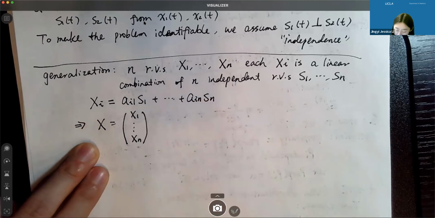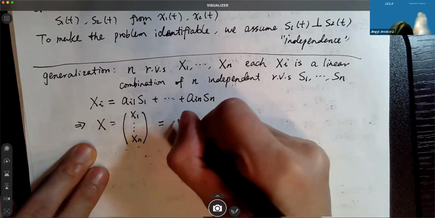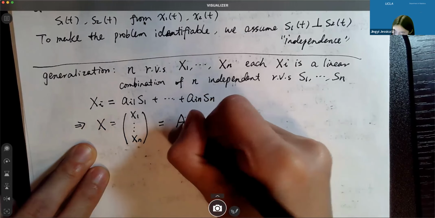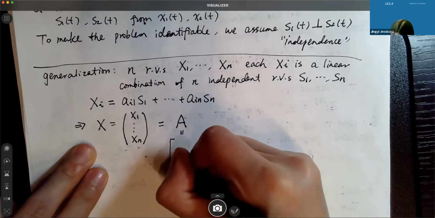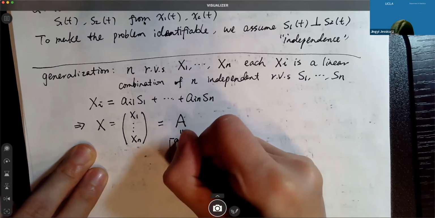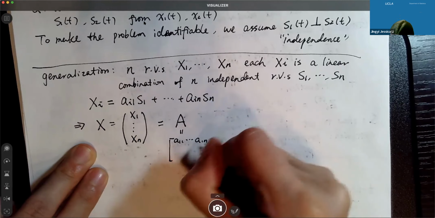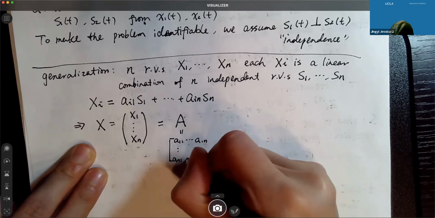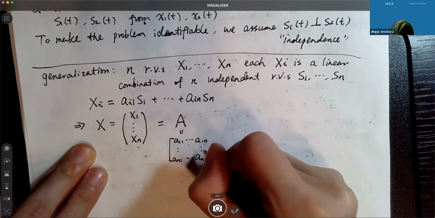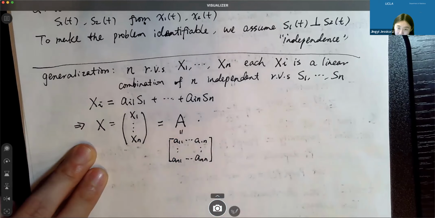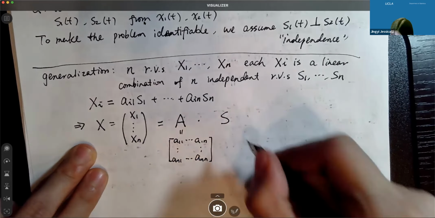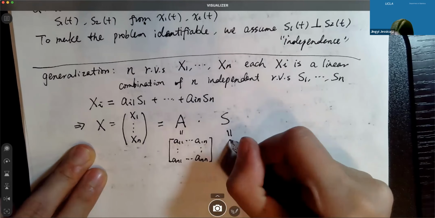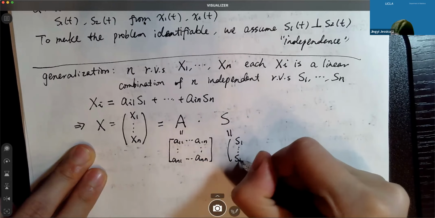Then you can write this as the A matrix, with entries A11 to A1n through An1 to Ann, multiplied by a vector S, where S is just the vector S1 to Sn.